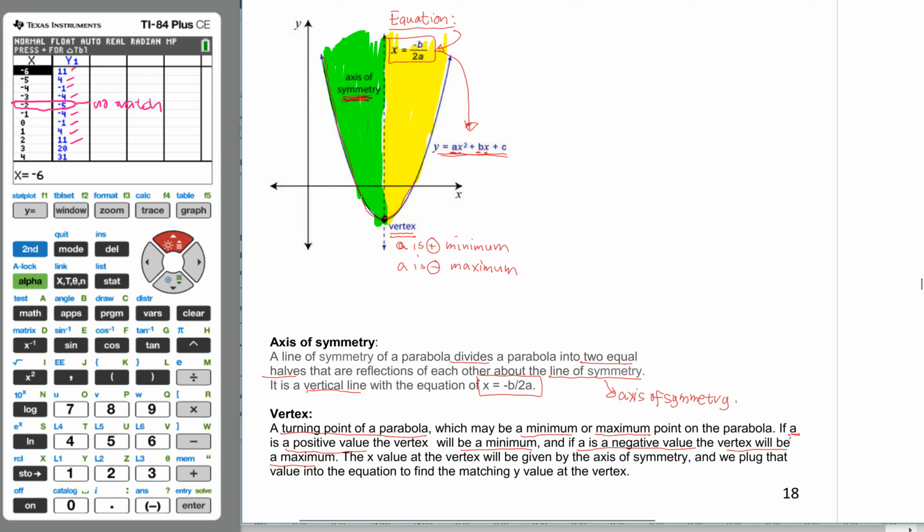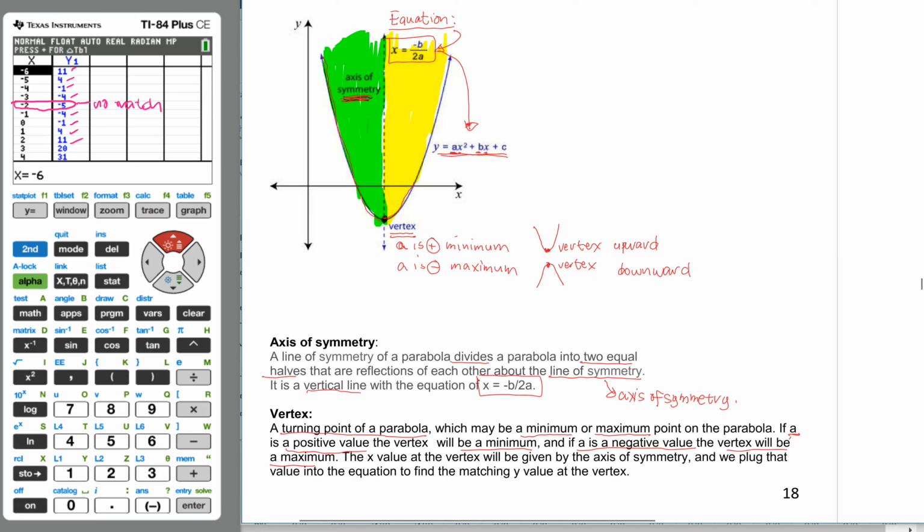Now what does the graph look like? Minimum is like this. So that would be the vertex. This is actually opening upward. And maximum means the graph would be like this. This is your vertex, and this is actually opening downward.